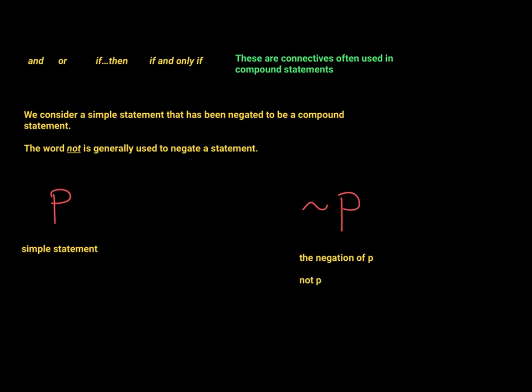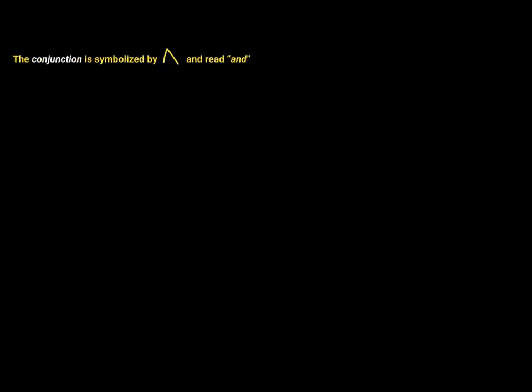Okay, that's convention. The convention of letting letters P, Q, and R represent statements. And when we want to negate a statement like P, Q, or R, we use this symbol here to negate that statement. Okay, now the conjunction is symbolized by this symbol here, and this is read as and. What I want you to think about is this symbol here kind of looks like an A without the bar across, and so this here means and. Okay, so it's a conjunction.